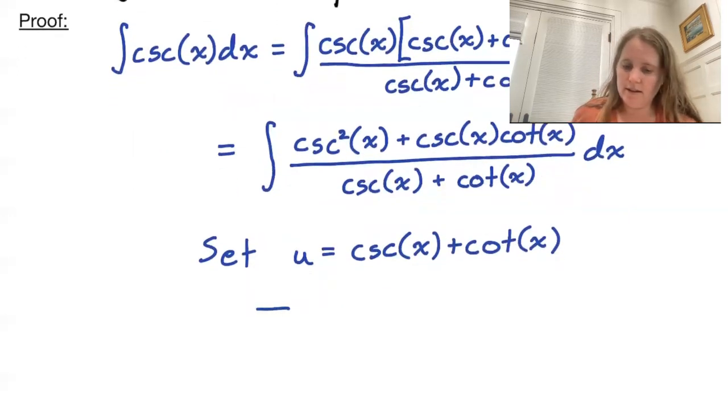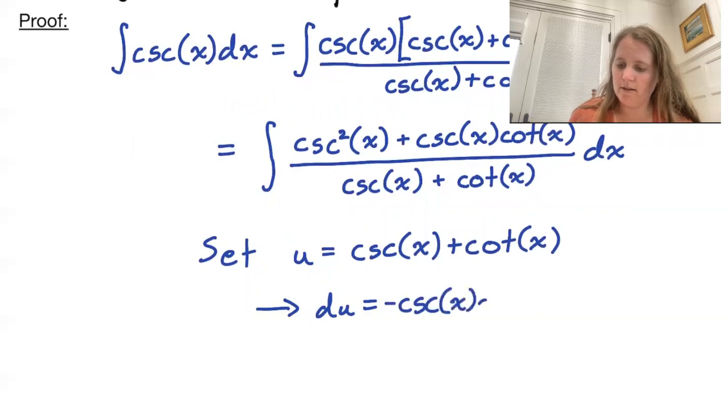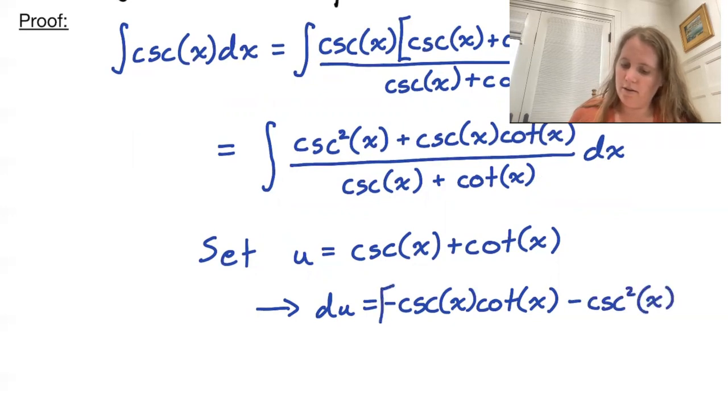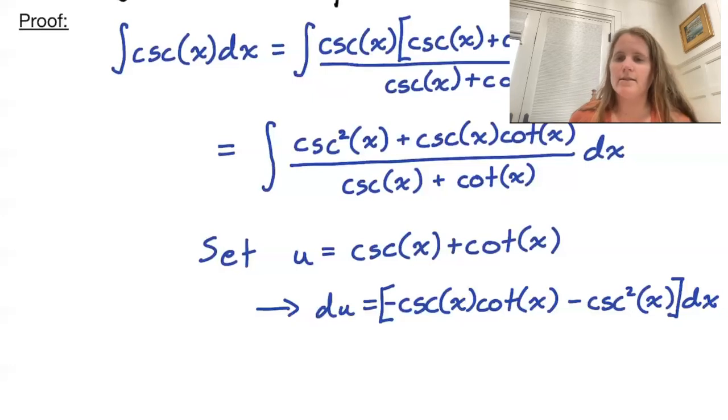Then we get that du is equal to negative cosecant x cotan x, and negative cosecant squared x, and that whole thing is multiplying dx.